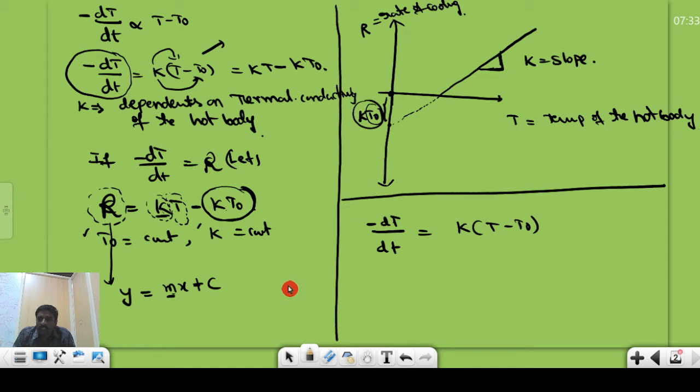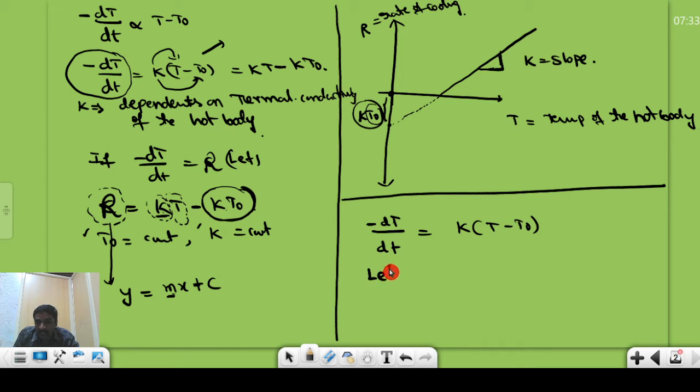Now please look at this. Our goal is to find out the temperature of the hot body after time t is completed. So we need to assume that the initial temperature of the hot body has some value, and the final temperature of the hot body after time t is some value.